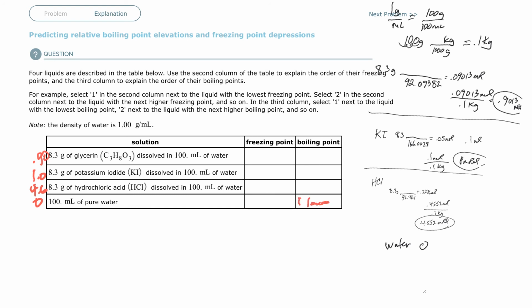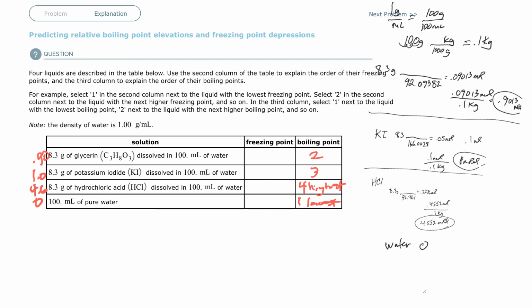And then as the molality gets higher and higher, it's going to get a higher and higher boiling point. So the 0.9 would be 2, the 1.0 would be 3, and the 4.6 would be 4, and that's the highest. And freezing point goes exactly opposite.